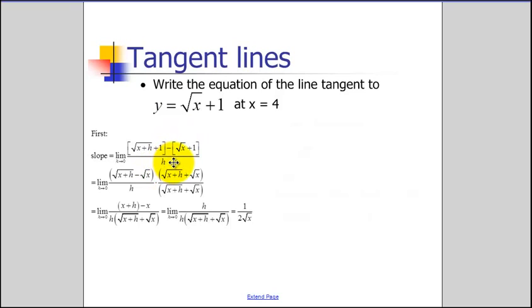Now if we plug in 0 for h, we would be getting square root of x plus 1 minus square root of x plus 1 over 0, which is 0 over 0, which is indeterminate.